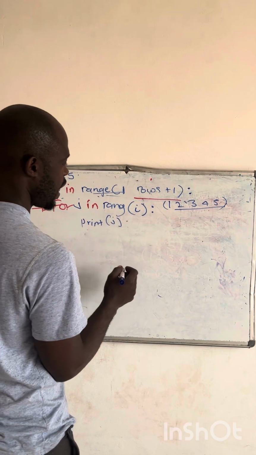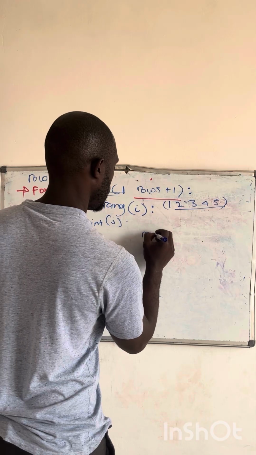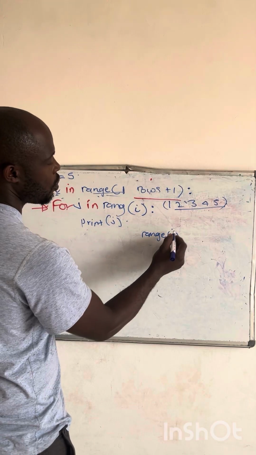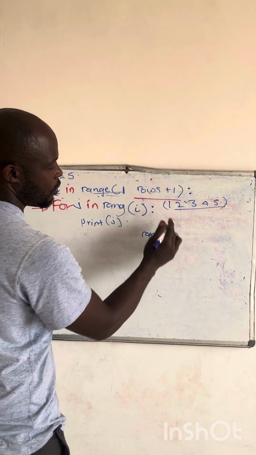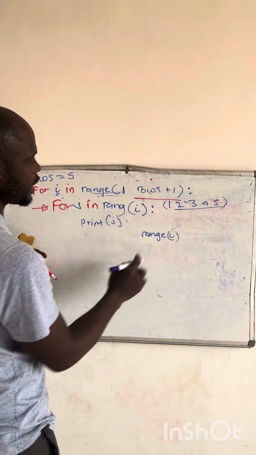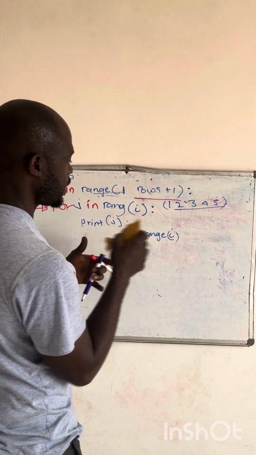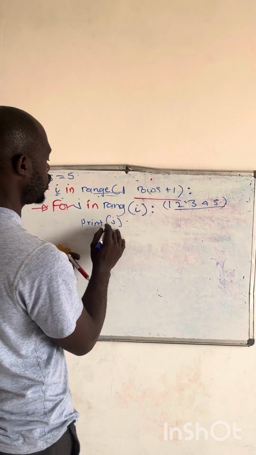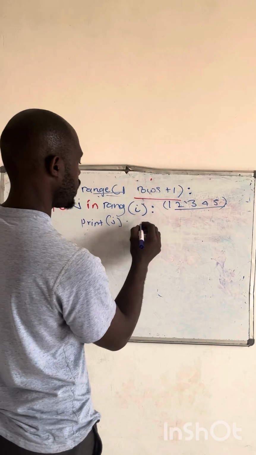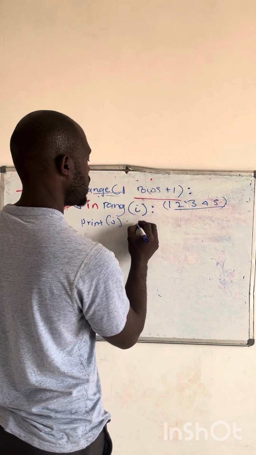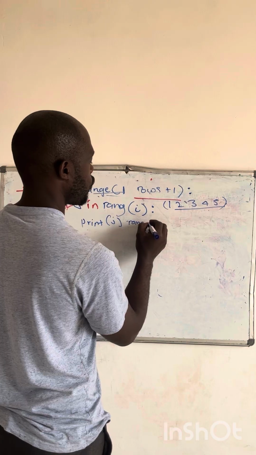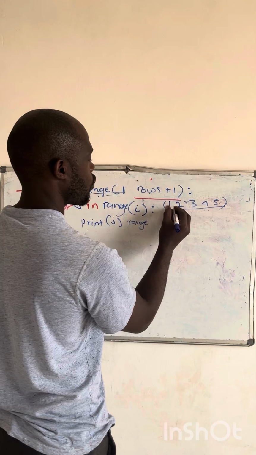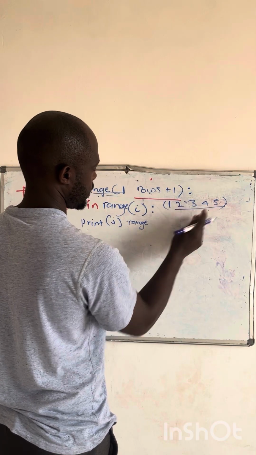So what is range i? Range i is like the range of each of these numbers here. So let us first try to work that out. So what is range i? It will be like the range of these numbers, okay?